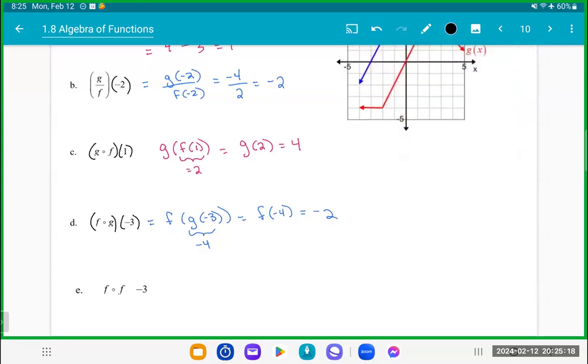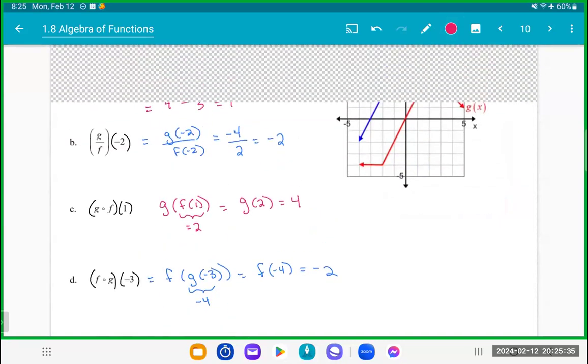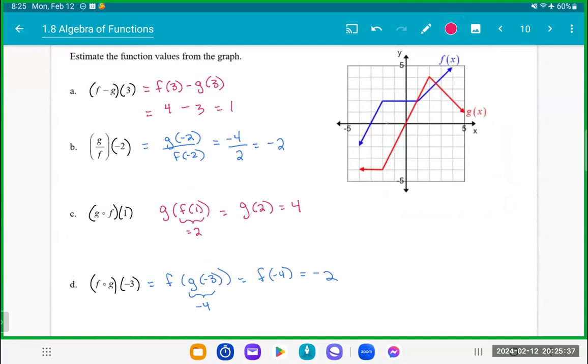So the last one here is f of f of -3. So what is f of -3? -1, -2, -3. My f value here is 0.